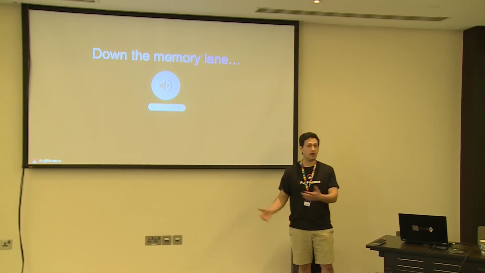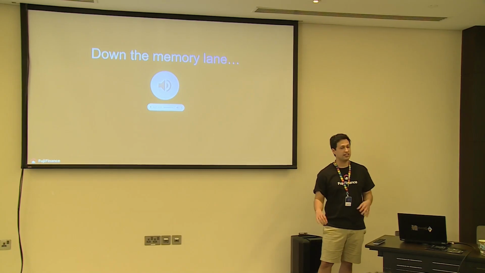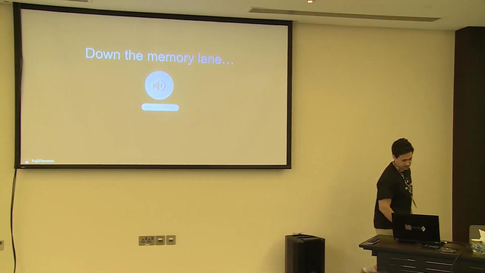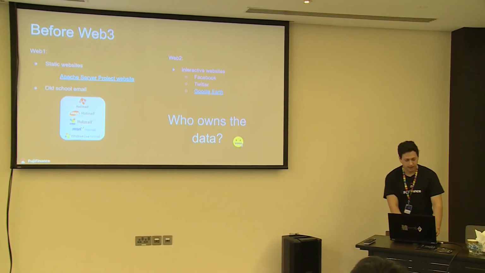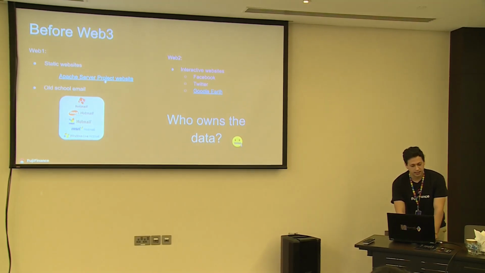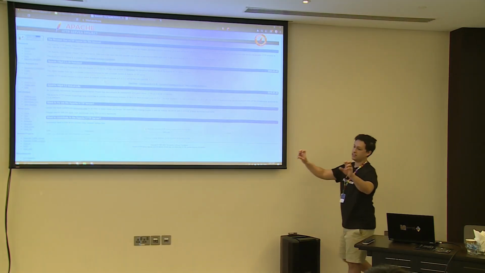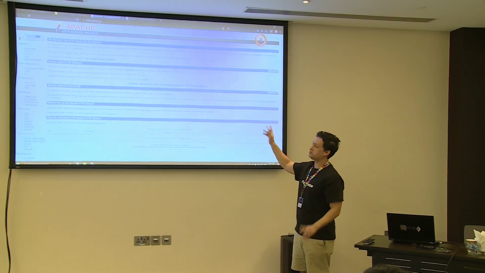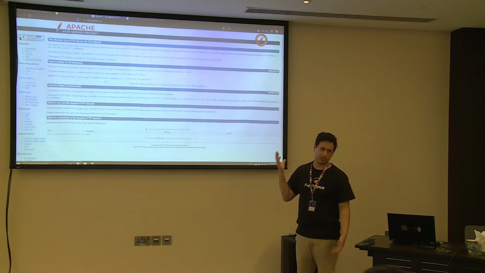Essentially, we've come a long way on how the experience of the web is now. Web 1 refers to the static web, where it was just dummy websites in which you could click links and information would show up.